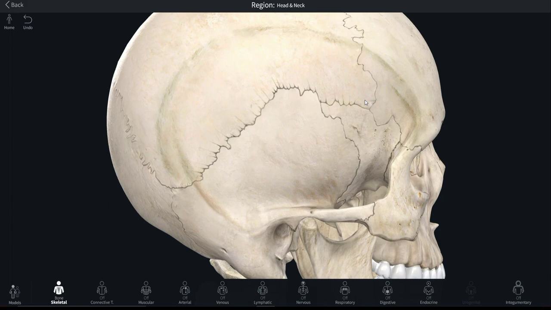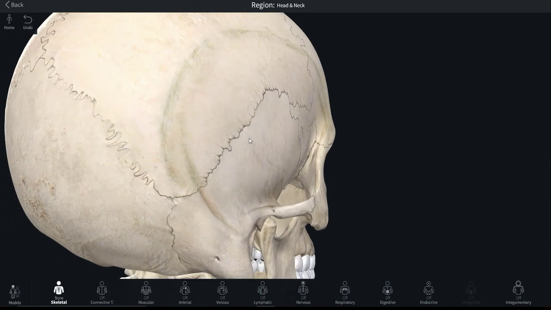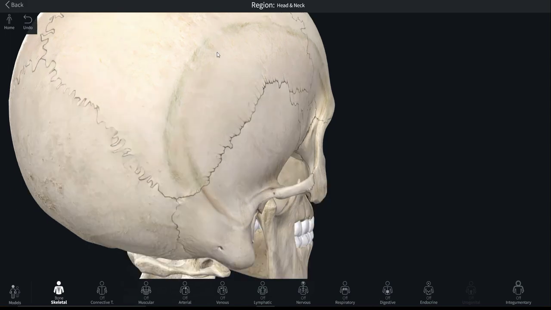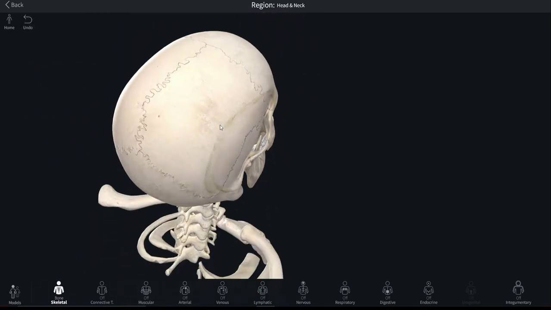All right, done. Now this over here is the posterior-inferior angle. So we have talked about all the angles over here, right? This one over here forming the lambda, this one over here forming the pterion, that one over there forming the bregma.